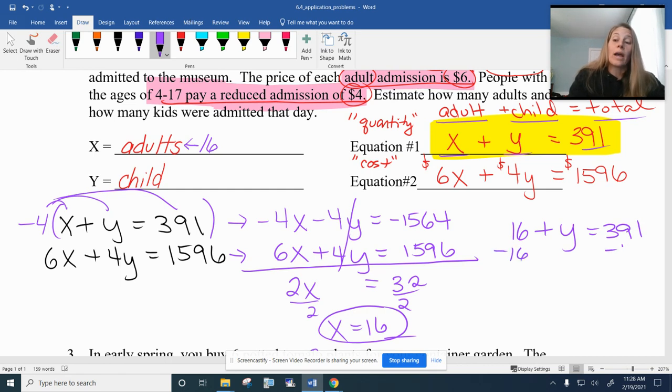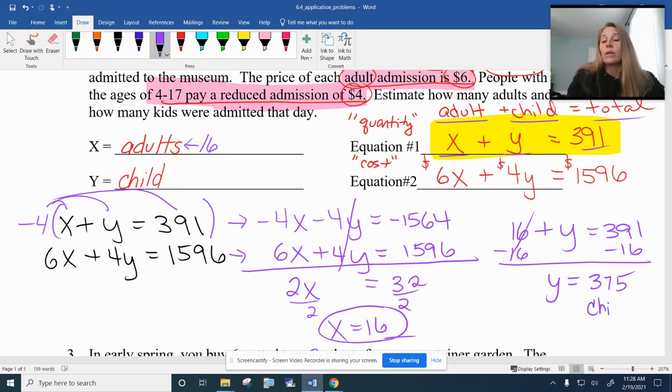So if I subtract these number of adults from my total, 391 minus 16, I'm going to get 375, and of course that is going to represent children. Okay, so we had 16 adults and 375 children.